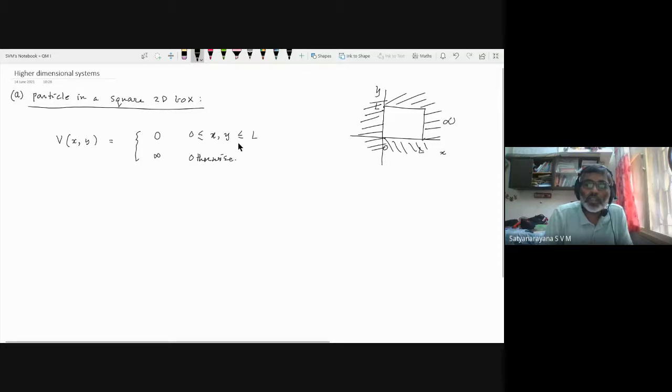So infinity outside, and inside it is 0. That means essentially the particle is confined to this region, 0 to L cross 0 to L.